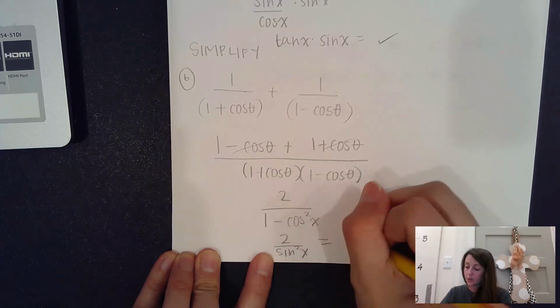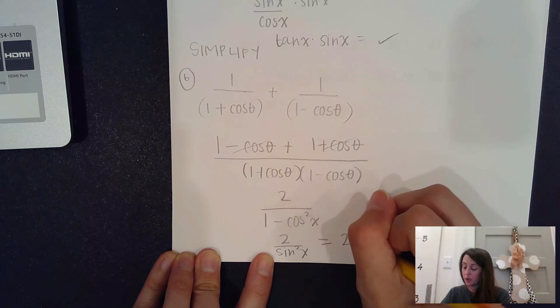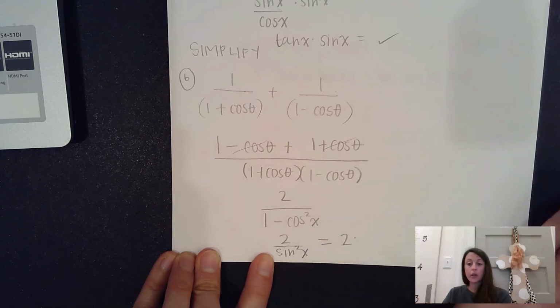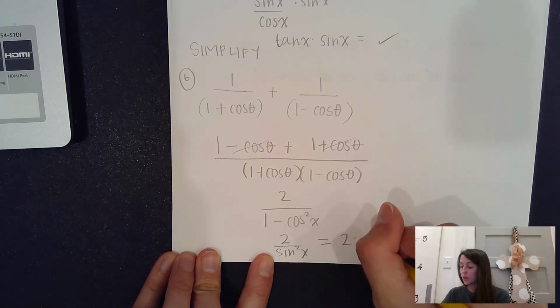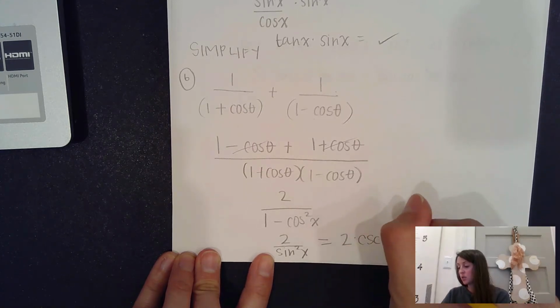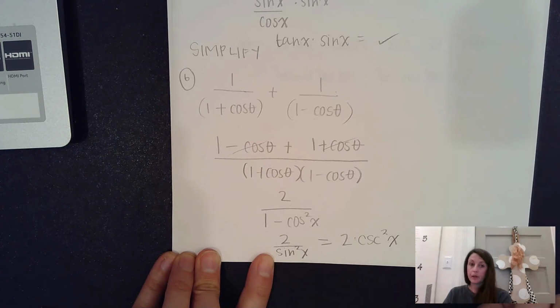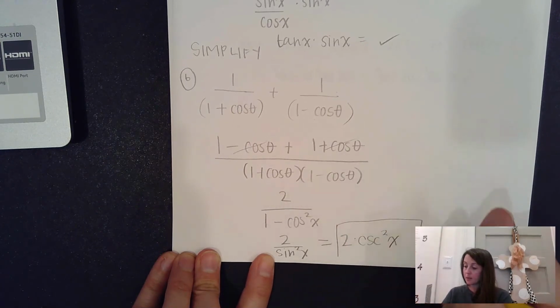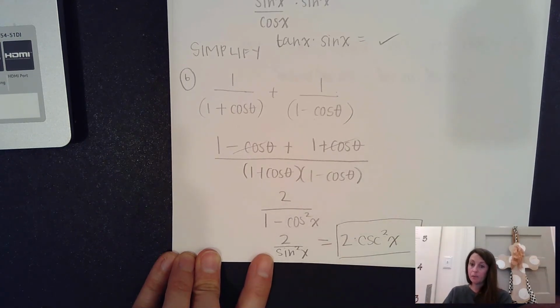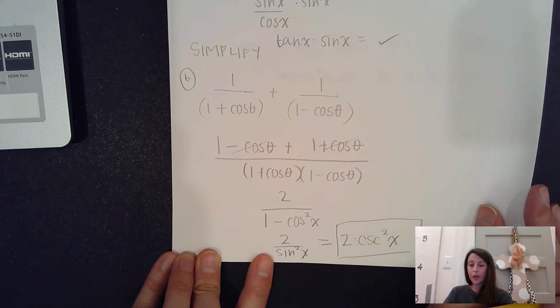And then this would be 2 times, because 1 over sine is cosecant, so this will be 2 times cosecant squared. So that's about as simplified as you can get there. That would be the answer that I would be looking for.